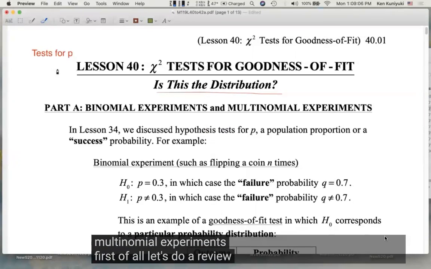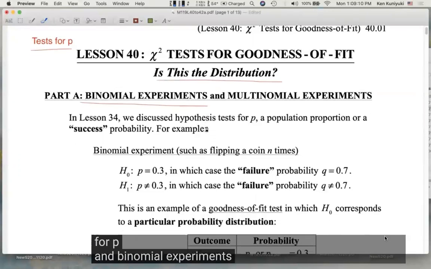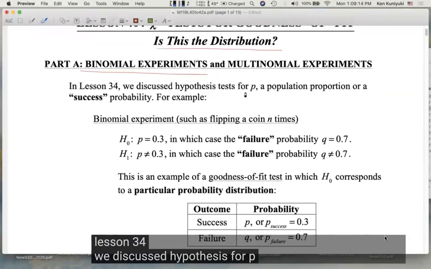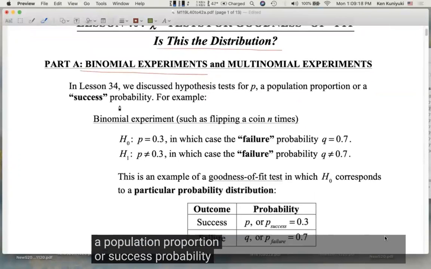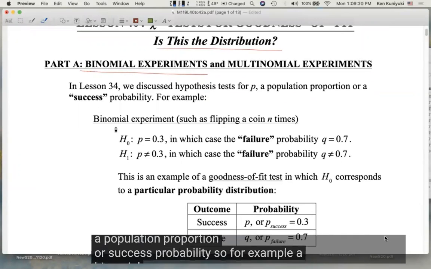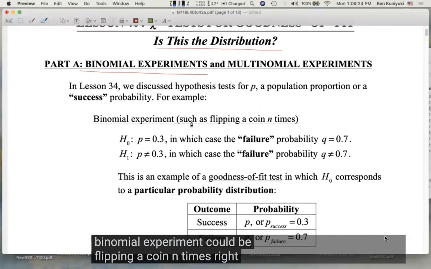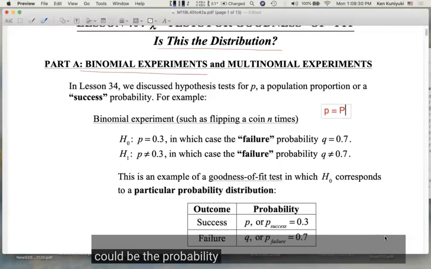First of all, let's do a review of tests for P and binomial experiments. Back in lesson 34, we discussed hypothesis tests for P, once again, a population proportion, or success probability. For example, a binomial experiment could be flipping a coin n times, right? P could be the probability of heads.